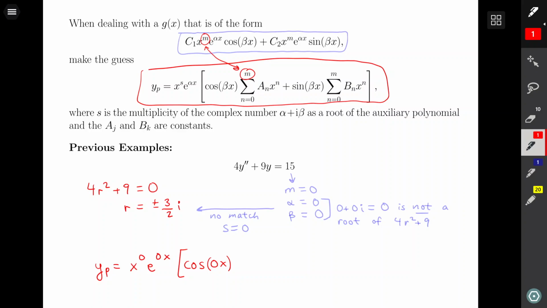So this sum collapses to just one term, a0. Do the same thing for sine. Sine of 0x, the sum collapses to just be a0. A whole lot of this stuff just goes away. x to the 0 is 1. e to the 0 is 1. Cosine of 0 is 1. Sine of 0 is 0. You're left over with a0. That's exactly what we got originally. And still, I think we're at the place here where you think, is this really making this any easier? It will.